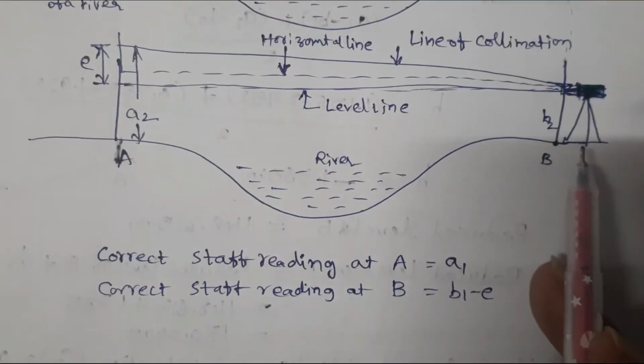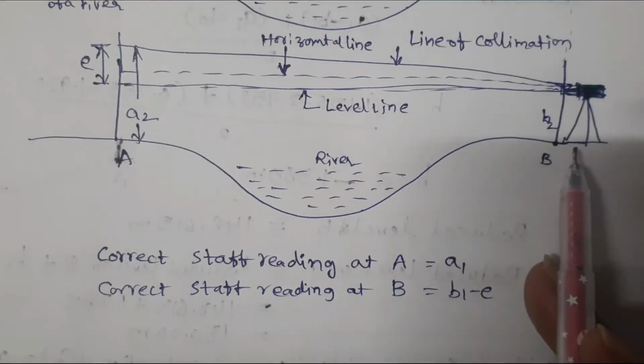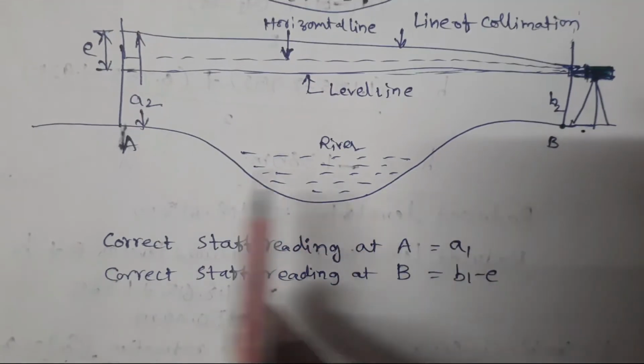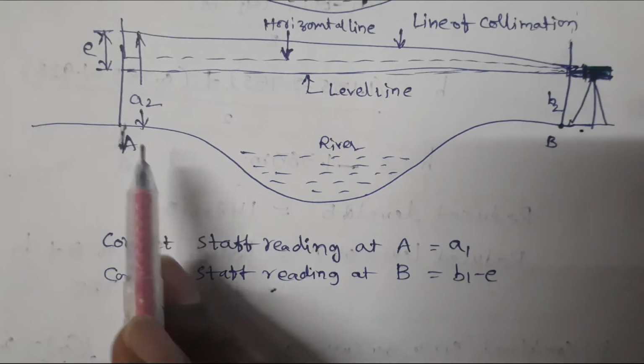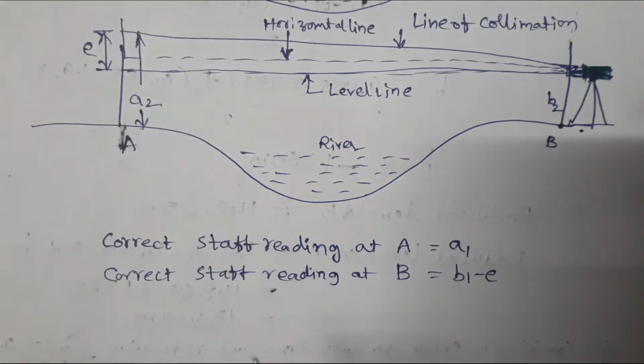When the instrument is at this bank, that is near to B, the correct staff reading at B is B2, and the correct staff reading at A is A2 minus E.